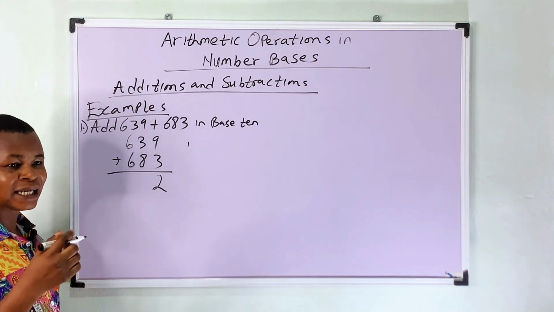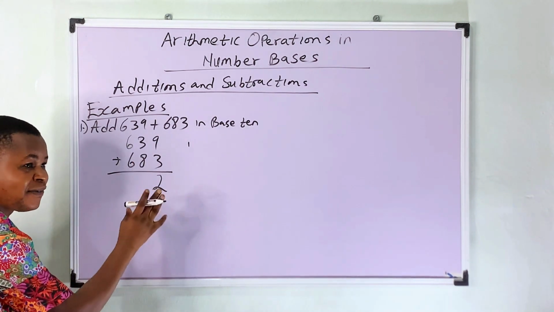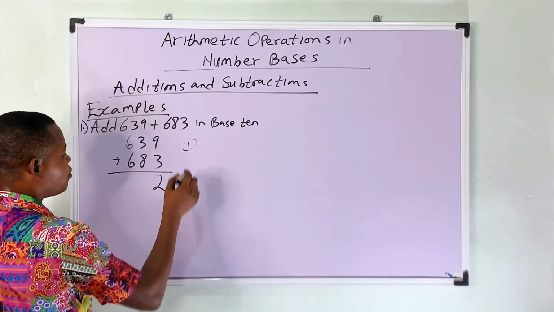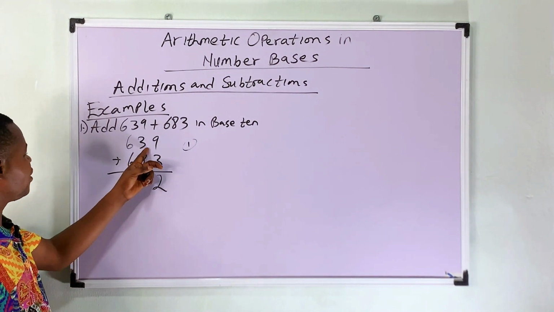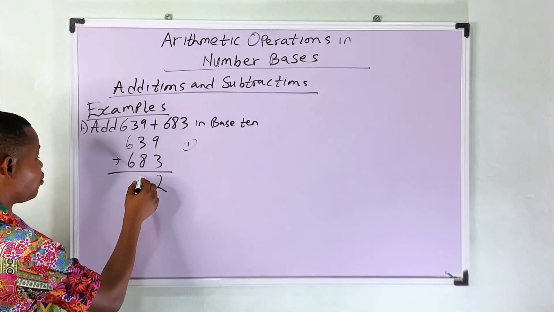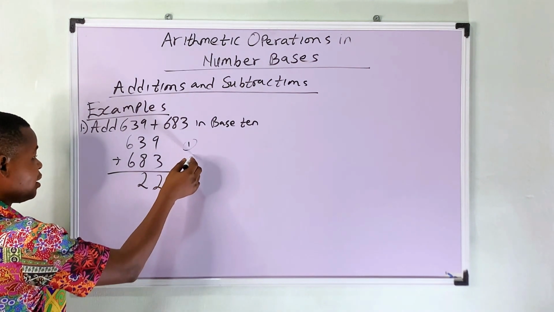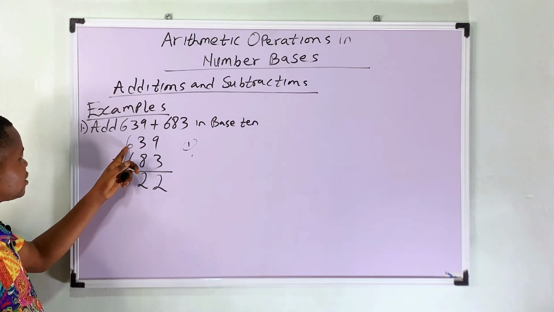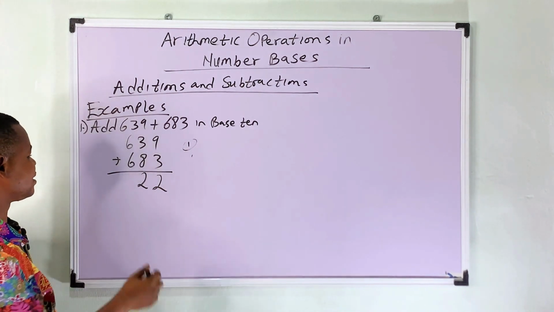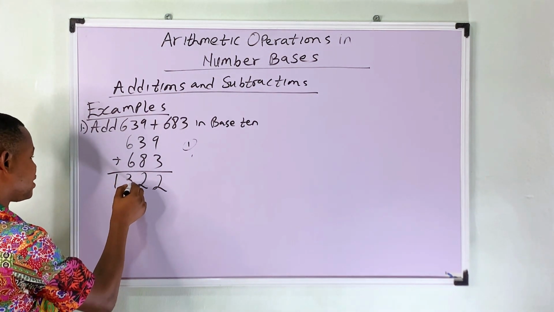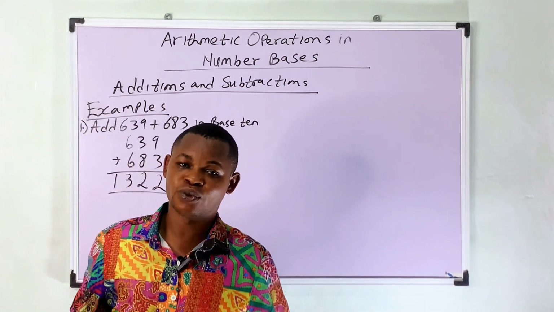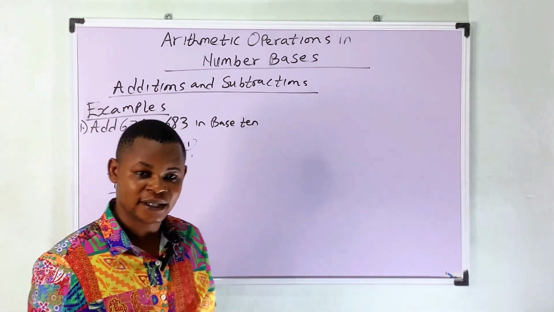Stay tuned to this video as I'm going to explain and demystify the mystery behind this one that we keep. 3 plus 8, that is 11. Plus this 1 will give us 12. Then we write 2. We still keep 1. 6 plus 6, that is 12. Plus 1 that we keep, that is 13. Then we now say our answer is 1322 in base 10.